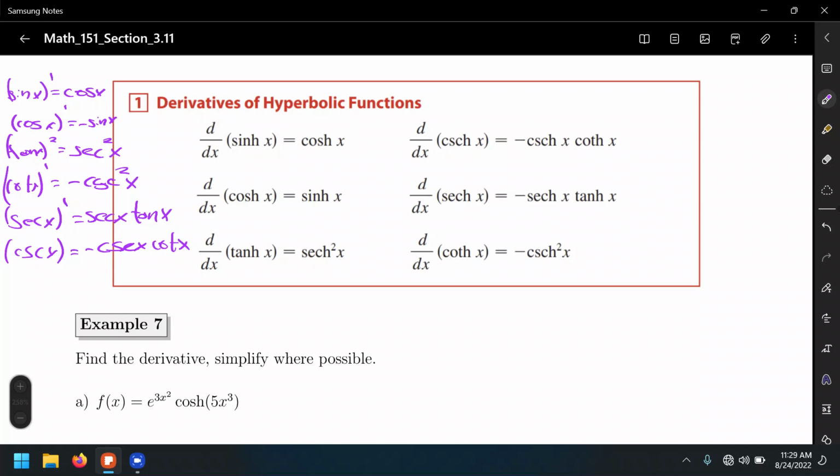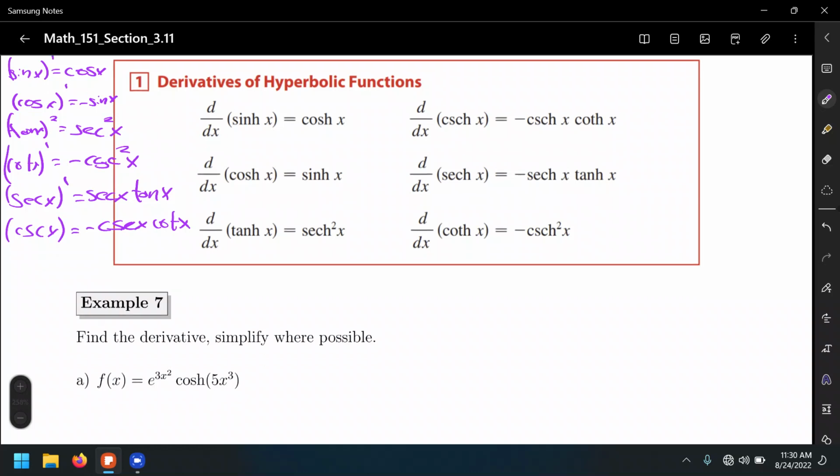In the hyperbolics, the first three, sinh, cosh, and tanh, have positive derivatives, and the remaining three are negative, so the signs do not alternate as opposed to the trigonometric functions. So that's a distinction that's important to take into consideration. Again, similarities and differences between the two.